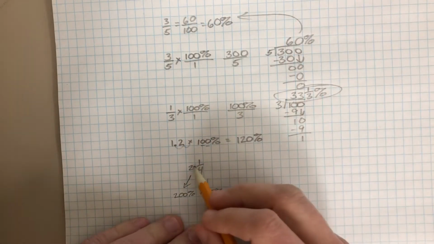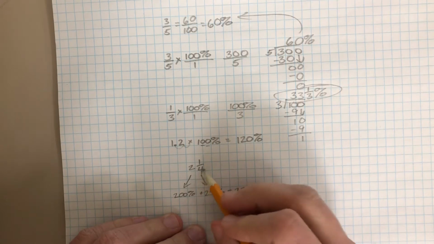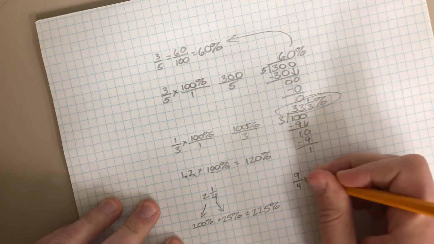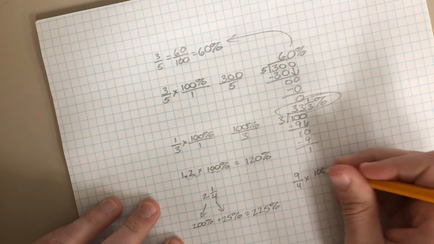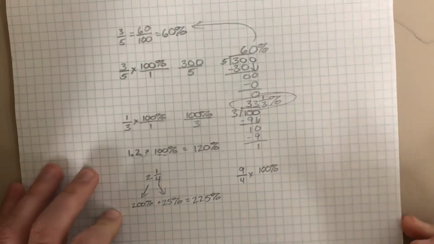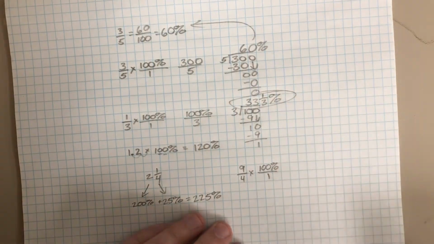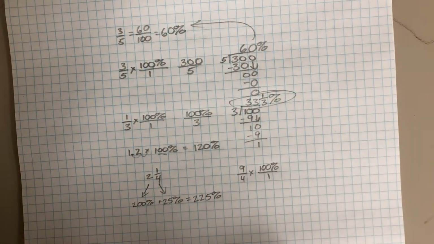So let's do that. 2 times 4 is 8. 8 plus 1 is 9. So I have 9/4 times 100%, same as 100 over 1. Now, is there anything I can reduce, top and bottom?